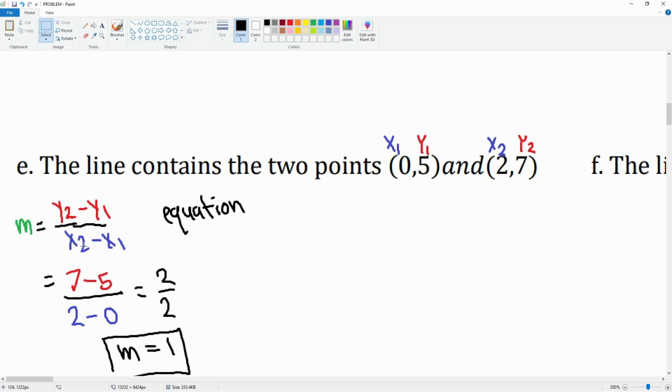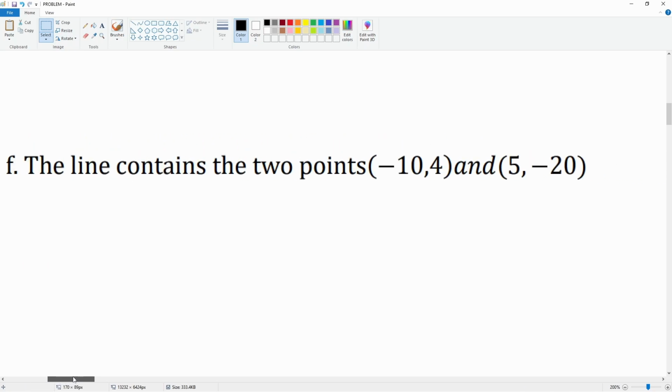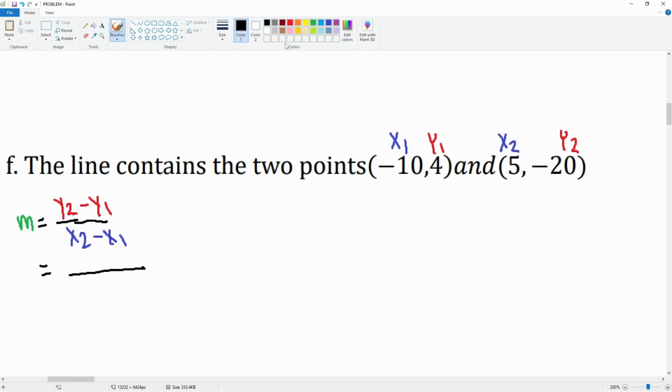I'm going to use the equation one more time for E because, again, it is the same thing here. Let's label it. This is x1, this is x2 because this is the second point, 4 is y1 and this is y2. So now we can just plug it in. The y2 is negative 20 minus y1, which is 4.